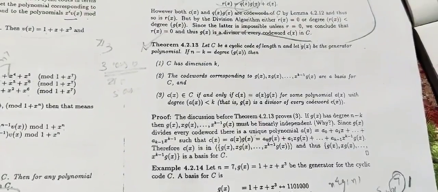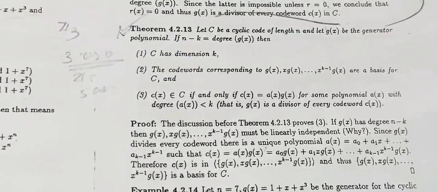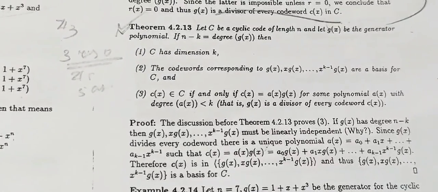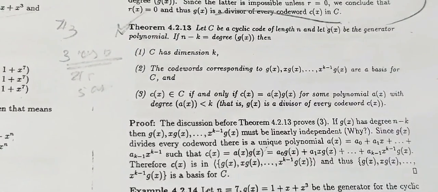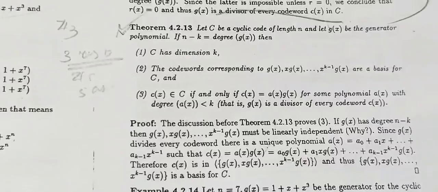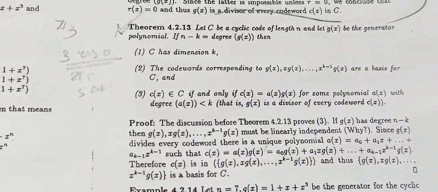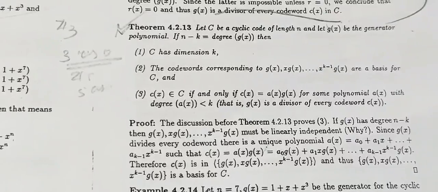We have another theorem, theorem 4.2.13. Let C be a cyclic code of length n and let g of x be the generator polynomial, if n minus k is equal to degree of g of x. So degree of g of x is n minus k. Then we have equivalent cases. C has dimension k, which means C has a basis of k elements.